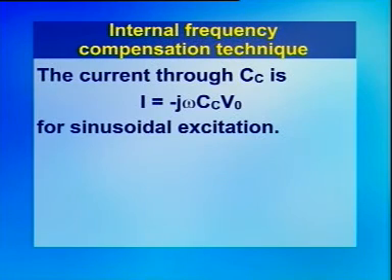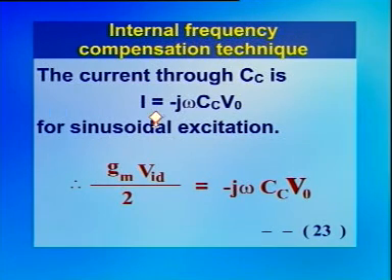The current through Cc is given by I equal to minus j omega Cc V0 for sinusoidal excitation. Therefore, Gm VID by 2 is equal to minus j omega Cc V0.